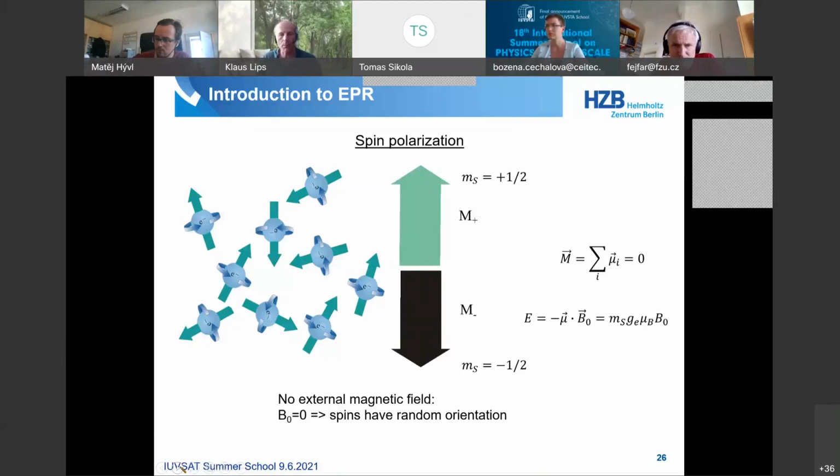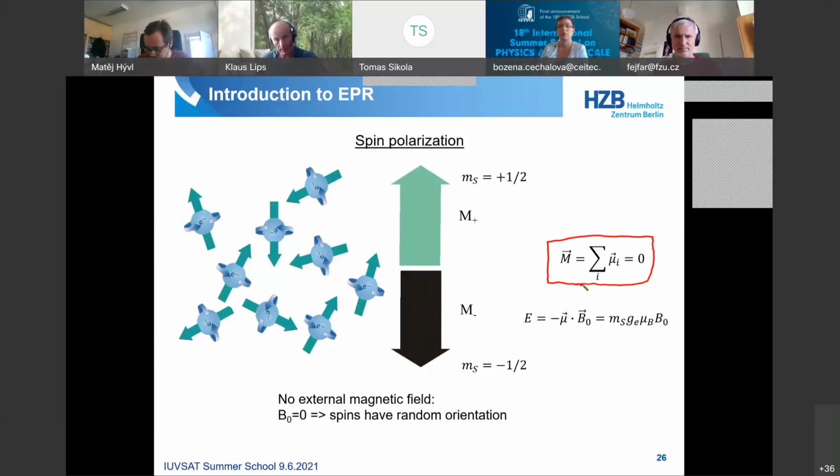And if we sum up all those local individual magnetic moments of the radicals, of the spins, the sum of that is going to be 0. They add up to a null magnetic moment. That means the occupation of spin up or spin down is equally distributed. They have the same occupation.